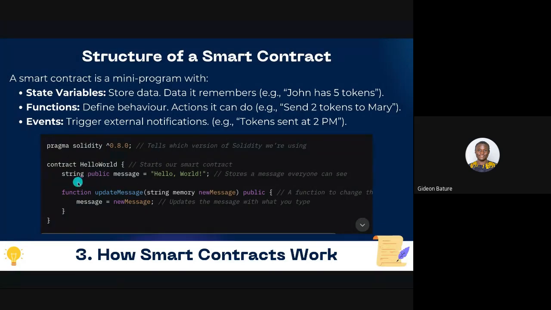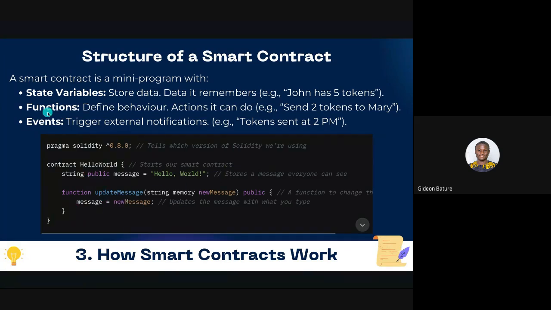So this one is a string, a variable that stores state. In this case, this variable message is storing hello world, and string is the type of the variable. This public is to tell you that anybody can access this hello world. It's public, any other function can access it. There's public, I think there's private. I can't really remember. Yeah.